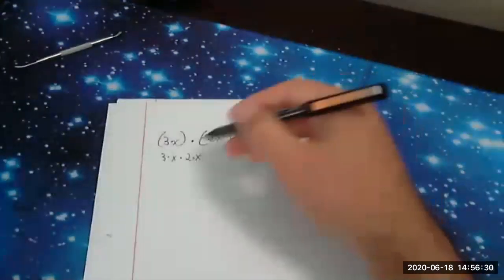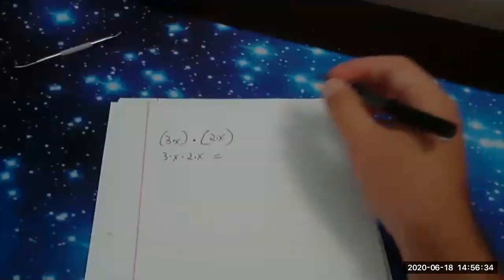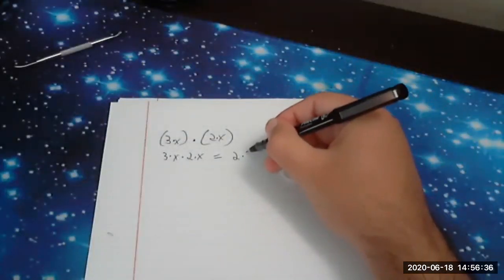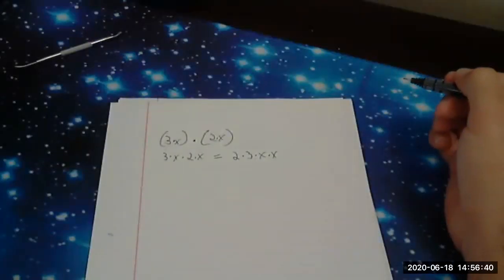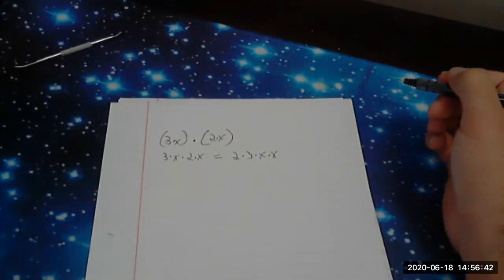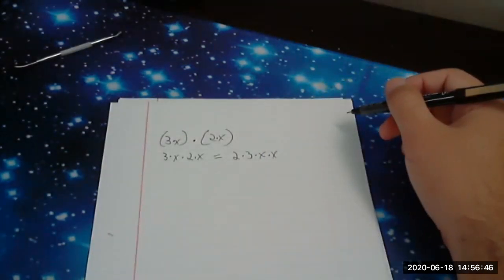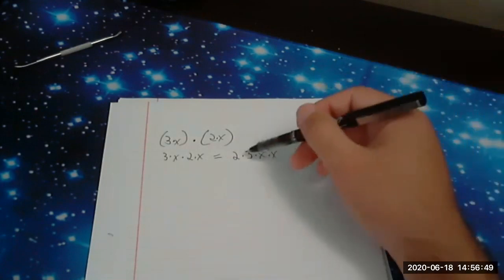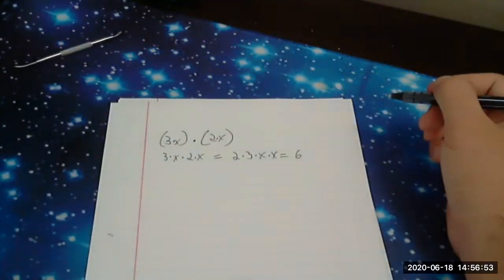I don't expect to see each of these steps, but this is what's happening here. So 2 times 3 times x times x. And then we can go from there, right? So the 2 times 3 simplifies to 6.